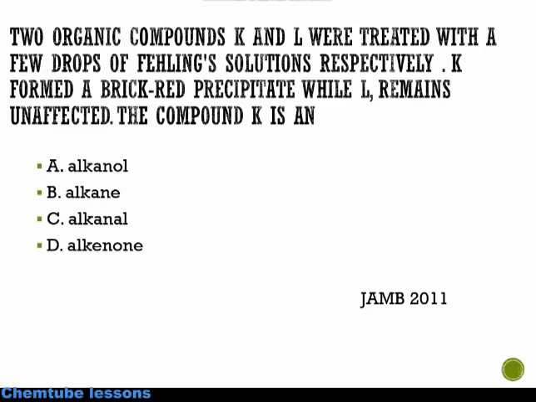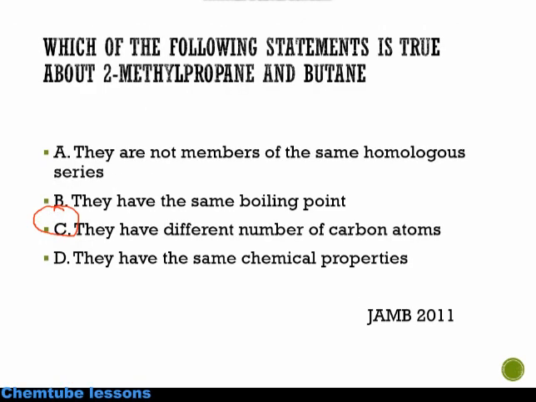The compound K is... the answer to this question is alkanal. Now this test using Fehling's solution is used to separate alkanal from alkanone. Alkanal gives a positive test while alkanone does not. So that's why C is the correct answer to the question. So let's look at another question.